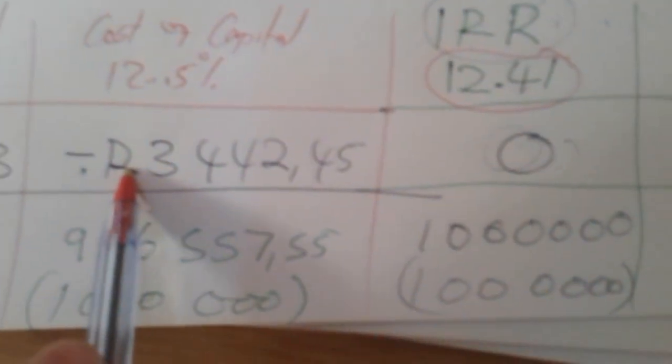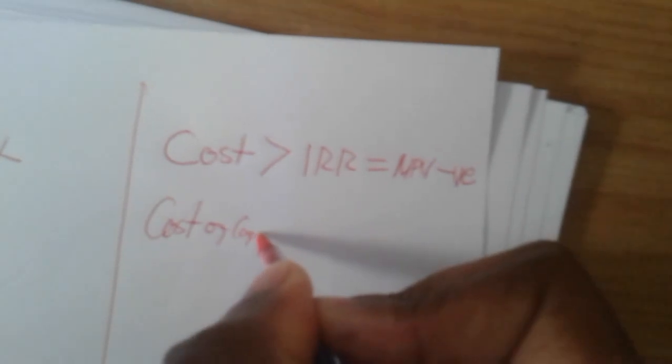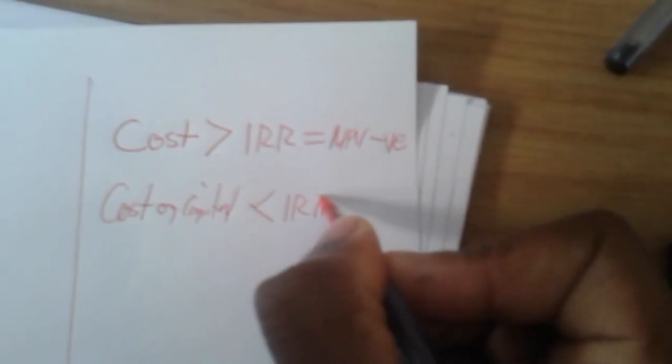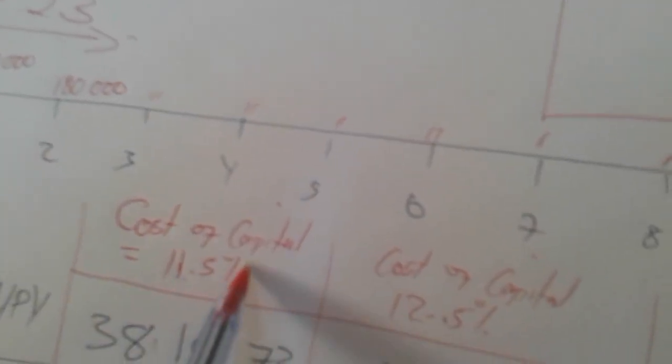Then if cost of capital is less than the internal rate of return, it means NPV will be positive. As you can see there, at 11.5 NPV is positive. Why? Because 11.5 is less than our internal rate of return of 12.41. So as far as NPV is concerned, this is all you need to know.